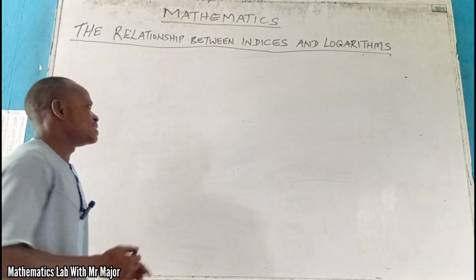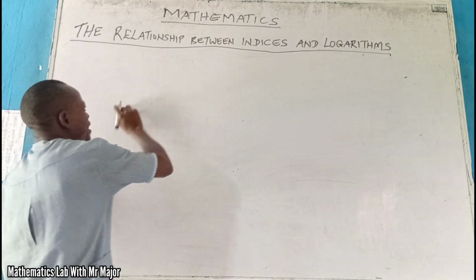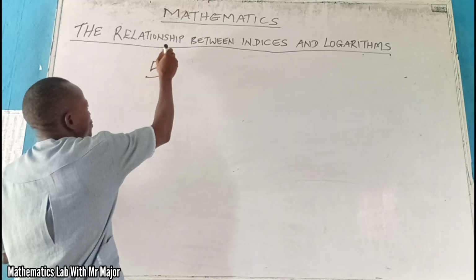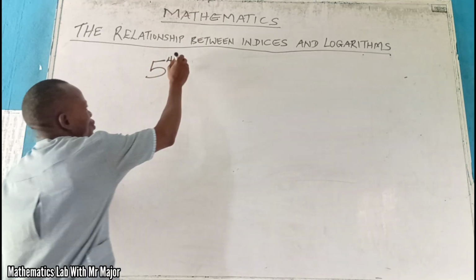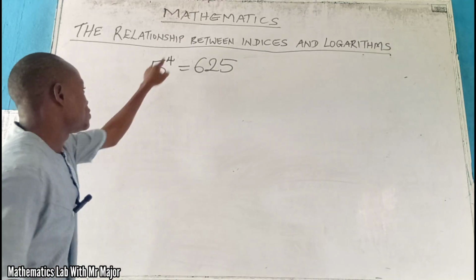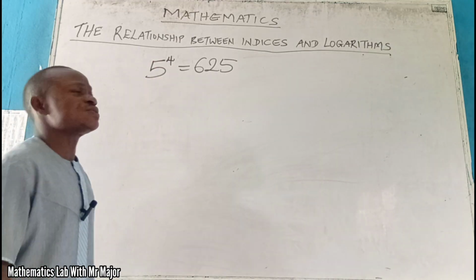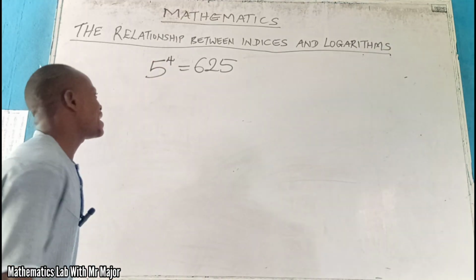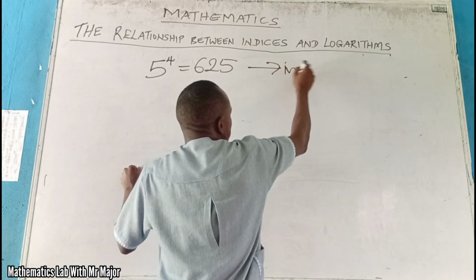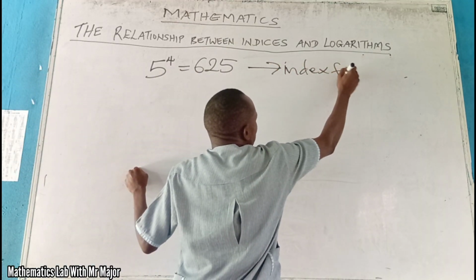Let's look at another instance. Supposing I am given something like 5 raised to power 4 equal to 625. Of course, 5 raised to the power of 4 will give us 625. This expression is in index form.